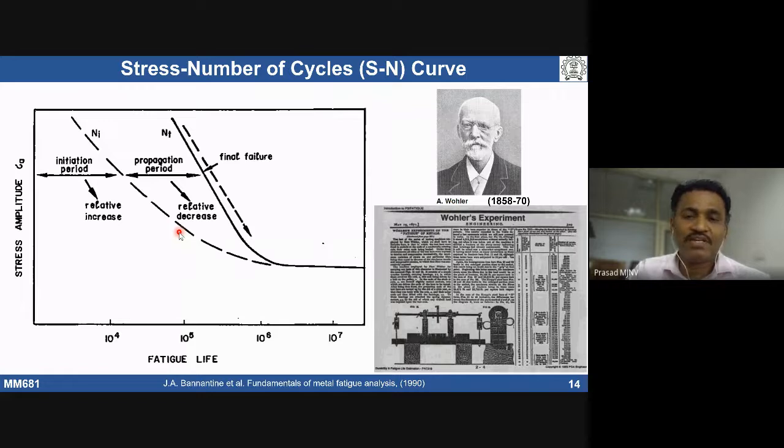Because the tip curvature is going to get affected, we need more time for crack initiation. Once you get that particular curvature of the crack, it can propagate very quickly.